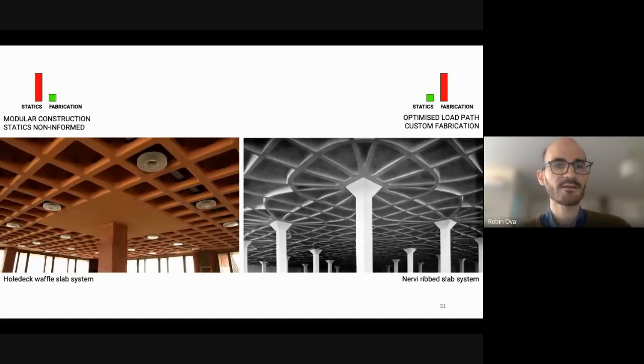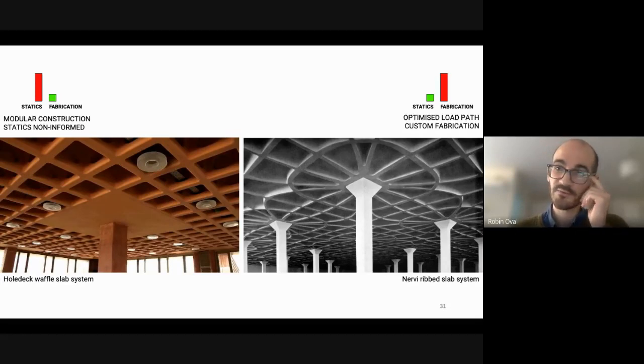So if we leave the British Museum for a moment, we can have a look at these two different systems. On the left, you have a Waffle Slab, which is a modular construction system, so super efficient to build, but it's not informed by statics conditions. So that's why you need this reinforcement around the columns against punch through, against shear forces.